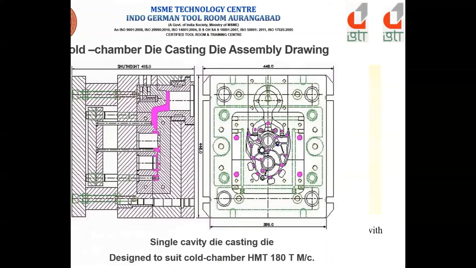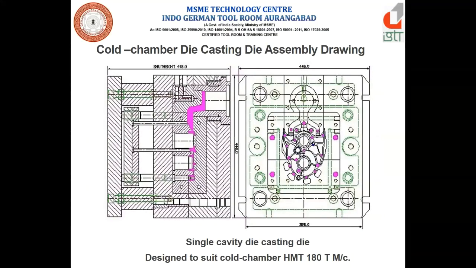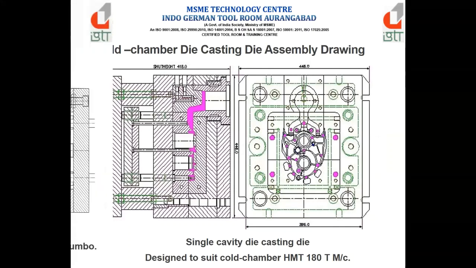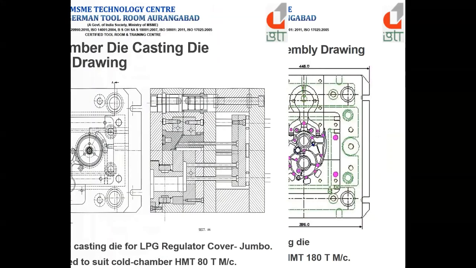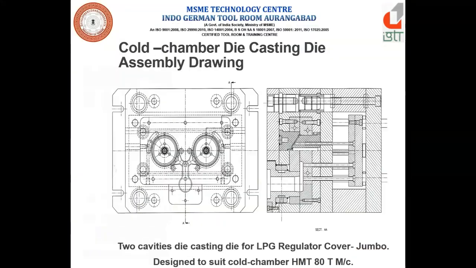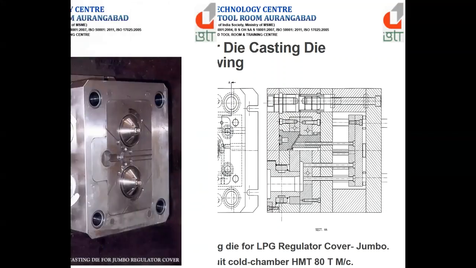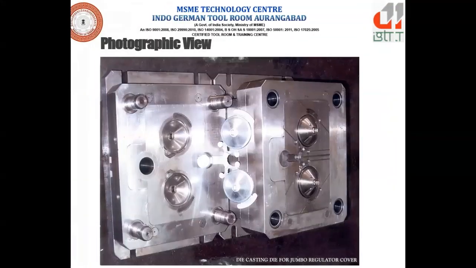So these are design examples of cold chamber die casting machines. Here is a multi-cavity or two-cavity die. This is the original photographic image.